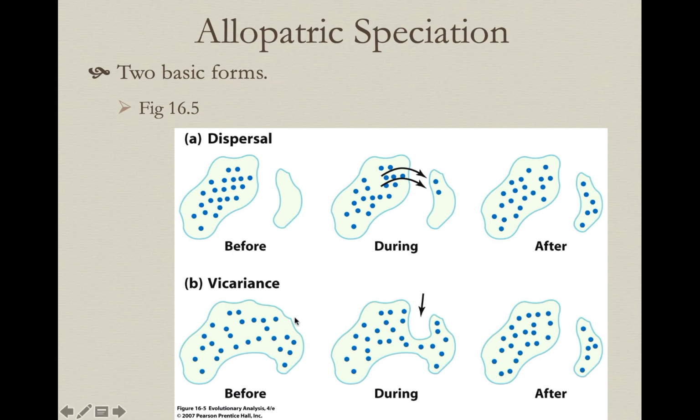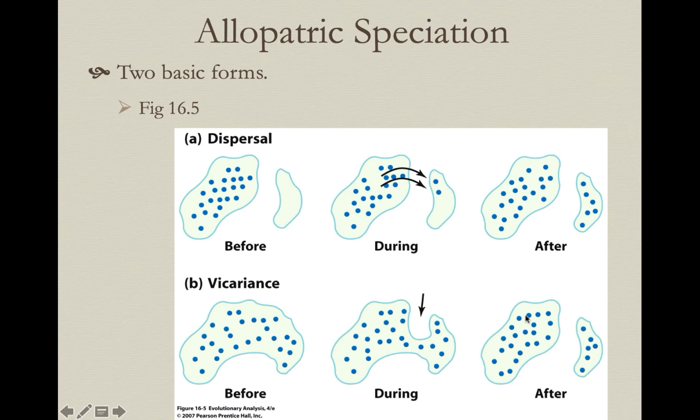In other cases, the organisms themselves may not change, but habitat changes around them. Maybe we have a situation where this is all forested habitat over a large geographic range, but rain patterns change so that this area becomes much drier. We still have the preservation of forest here, but now we have a grassland in here, and that is a habitat that may not be appropriate for what was formerly one species.